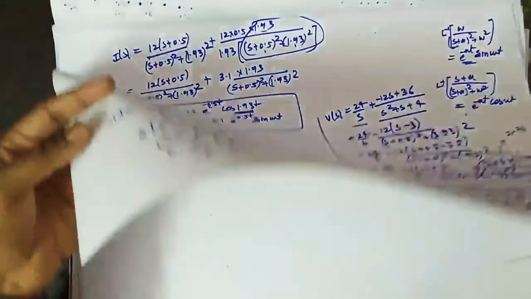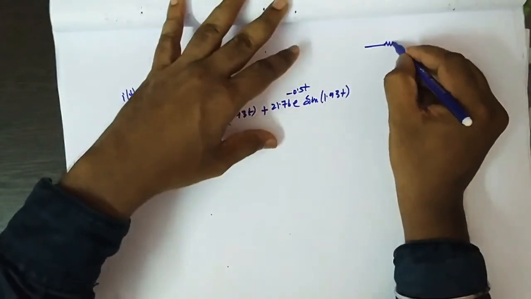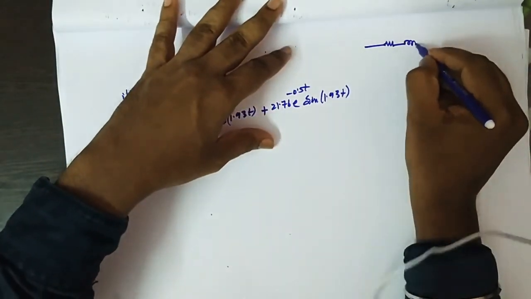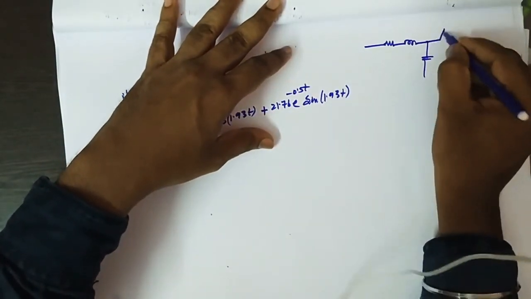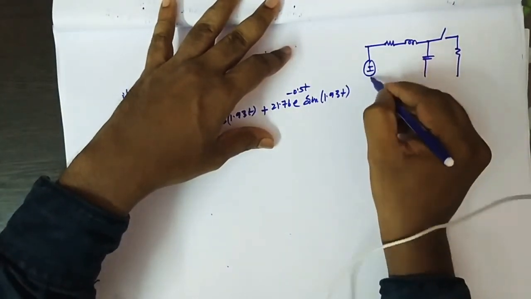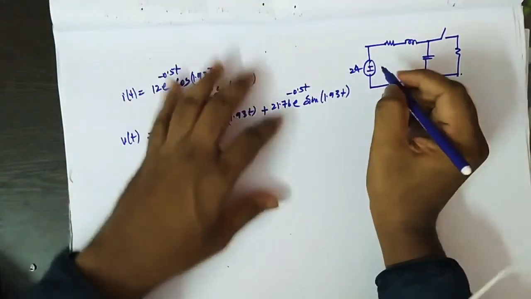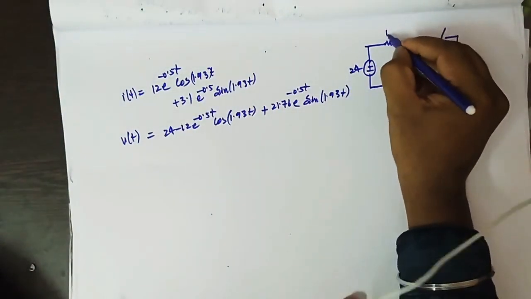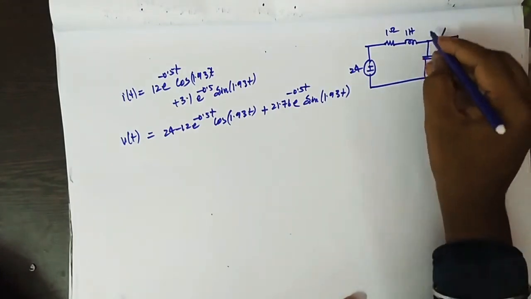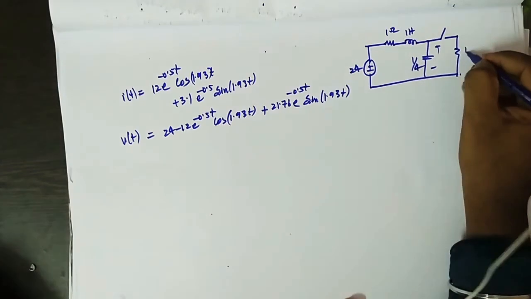So you are having the curve, the graph, and the circuit here. This is 24 volts and this is 1 Henry, this is 1 by 4 and this is 1 ohm.